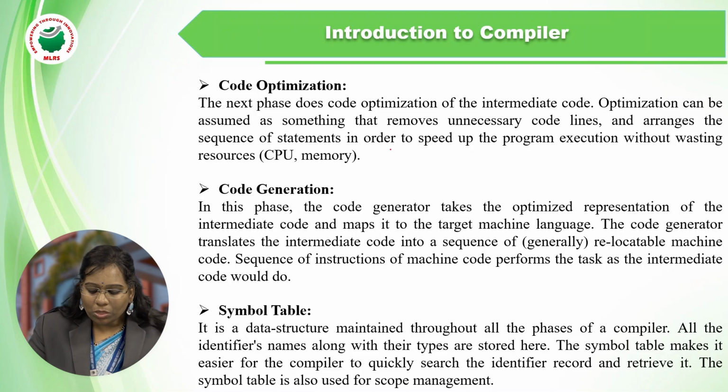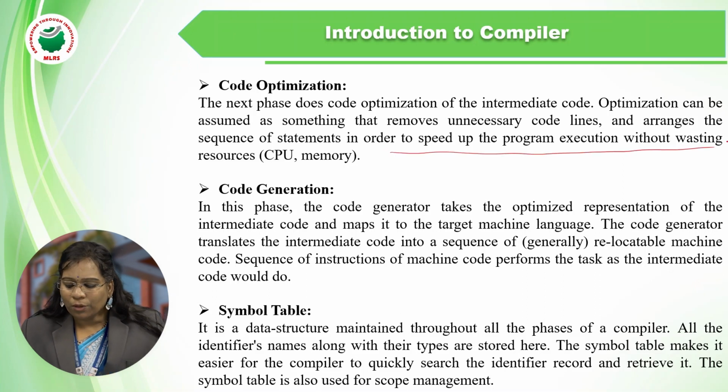So what is the purpose of code optimization? It takes the input from the intermediate code, which is assigned by using the abstract machine, and checks whether the code contains any white spaces, unnecessary lines, or gaps between the lines.